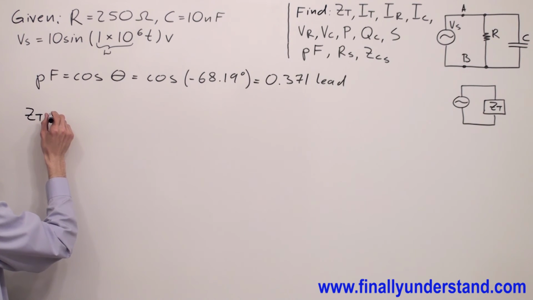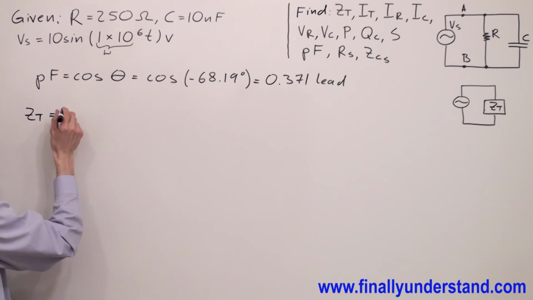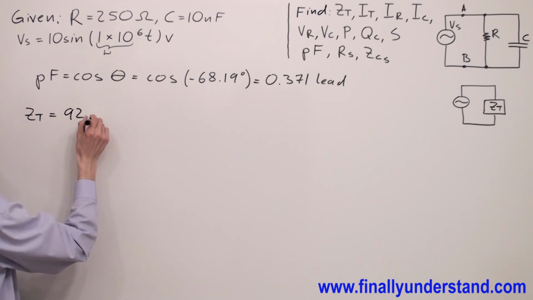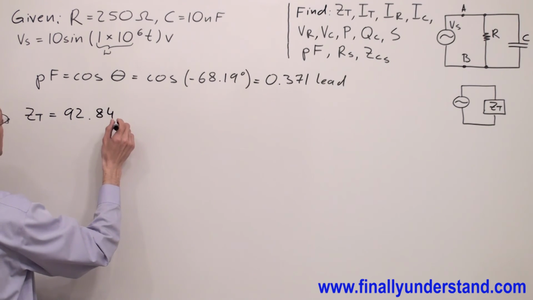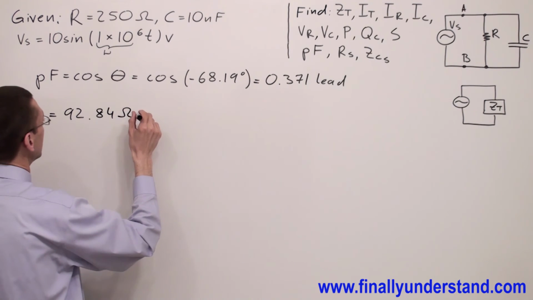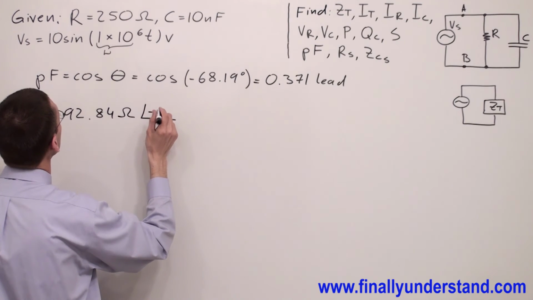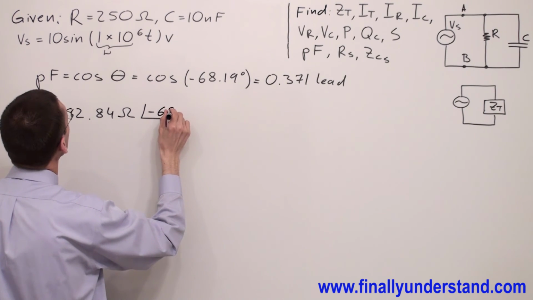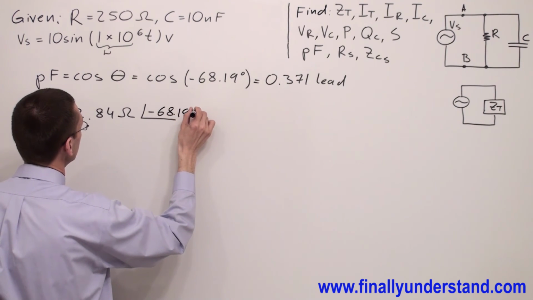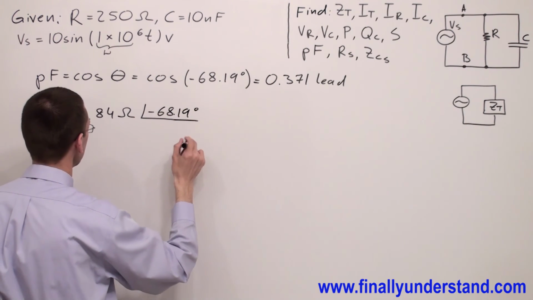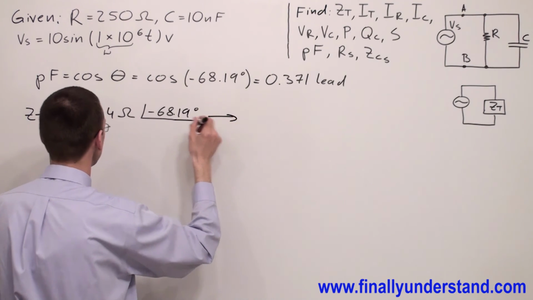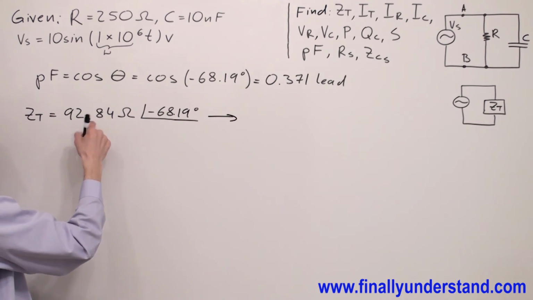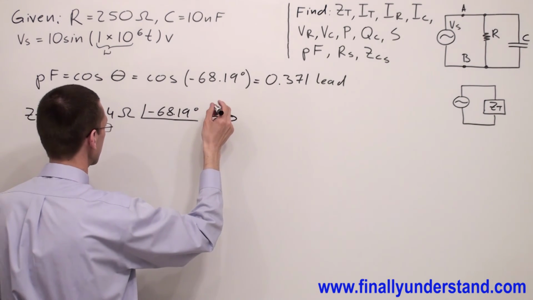In this case, my Z total was 92.84 ohms at an angle of negative 68.19 degrees, and convert this polar form to rectangular form.